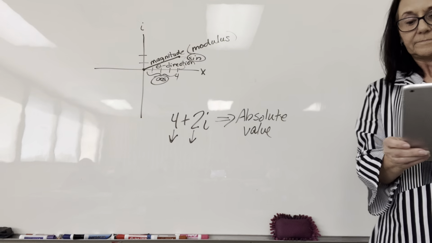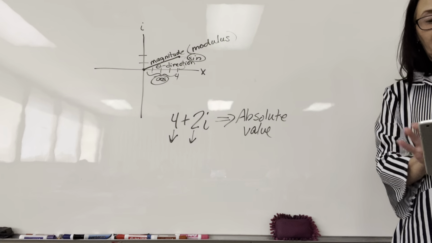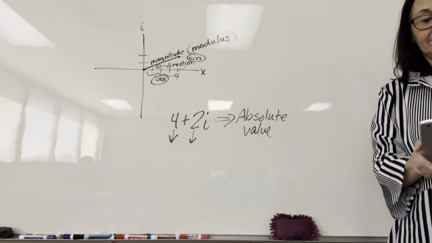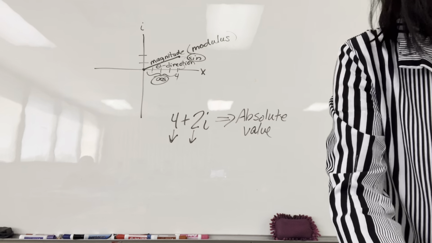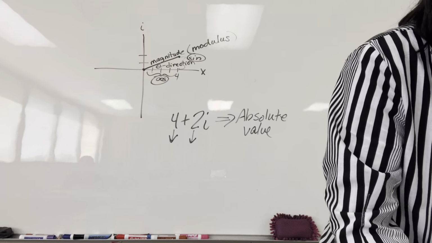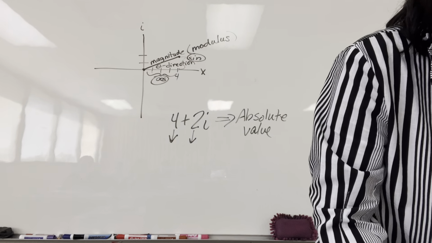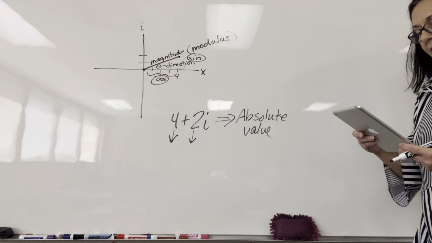All right, so if I were calculating the absolute value, I simply want you to think Pythagorean theorem. That's all I want you to think. Let's actually look at the example in the textbook while my iPad is thinking. This is example 1 on page 638.